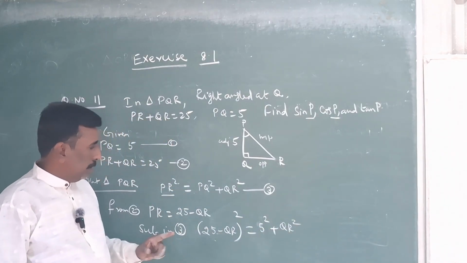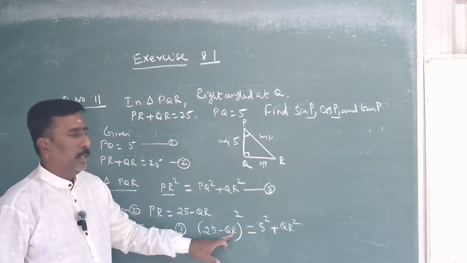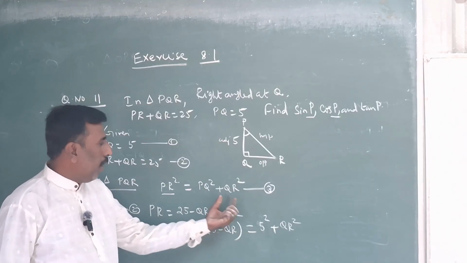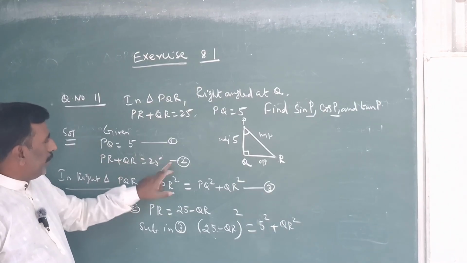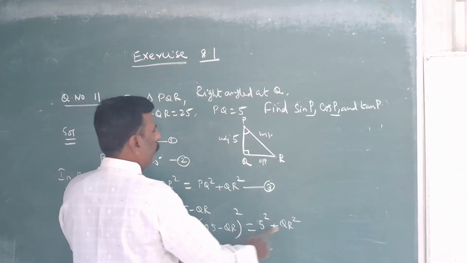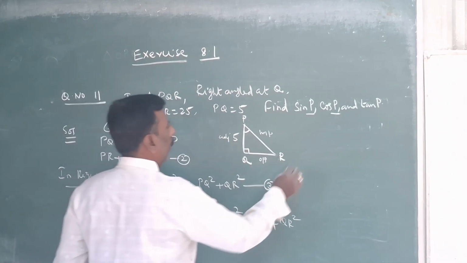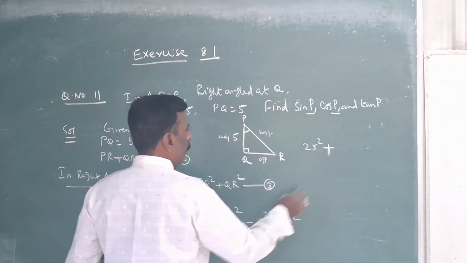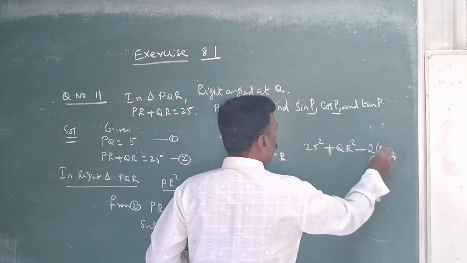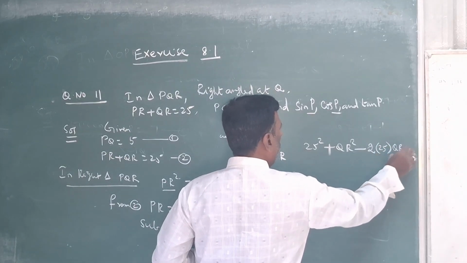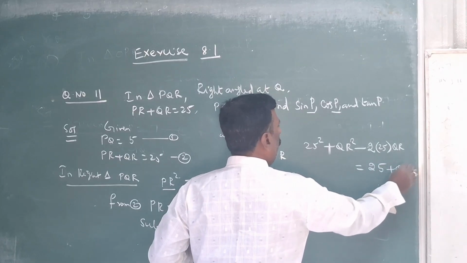If you notice, once we substitute like this, only QR will remain and everything else will be numbers. When we simplify, the QR square will cancel. This is in the form of A minus B whole square formula: A squared plus B squared minus 2AB, so 25 squared plus QR squared minus 2 into 25 into QR equal to 5 squared plus QR square.